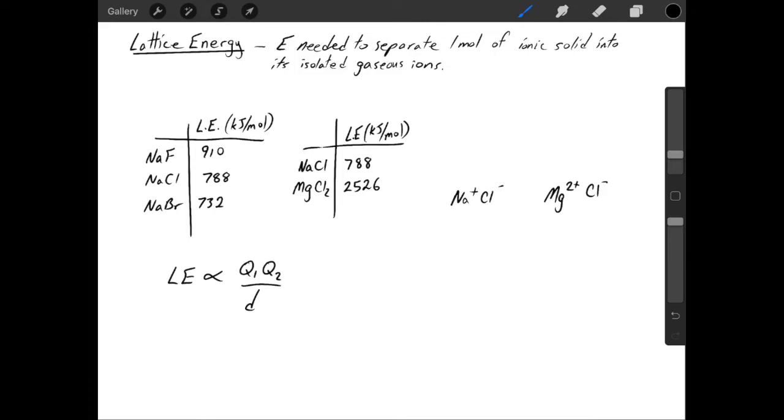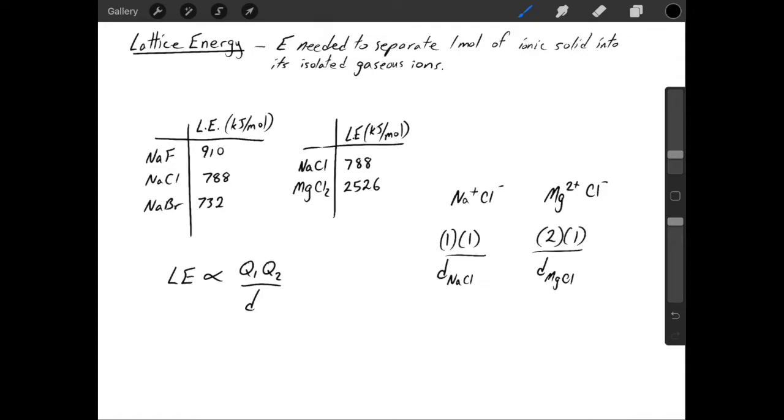So our lattice energy expression changes a little bit. For sodium chloride, it's exactly like the lattice energy expressions we wrote earlier: 1 positive charge times 1 negative charge, and we've omitted the signs here because it's the magnitude that's important, not the actual sign. But 1 positive times 1 negative divided by the distance between the sodium and chloride ions.